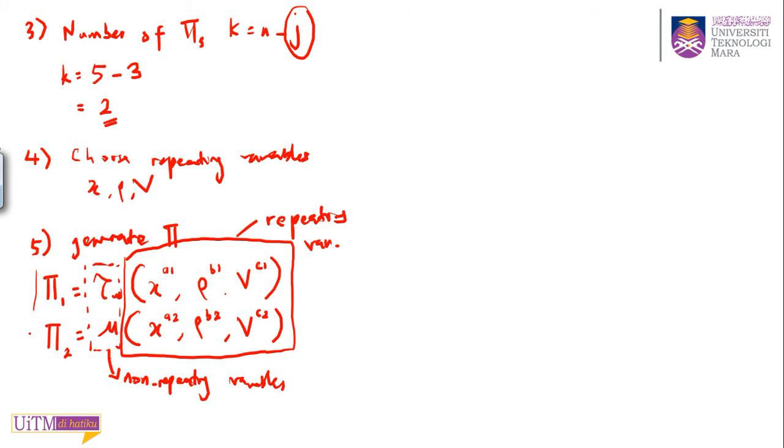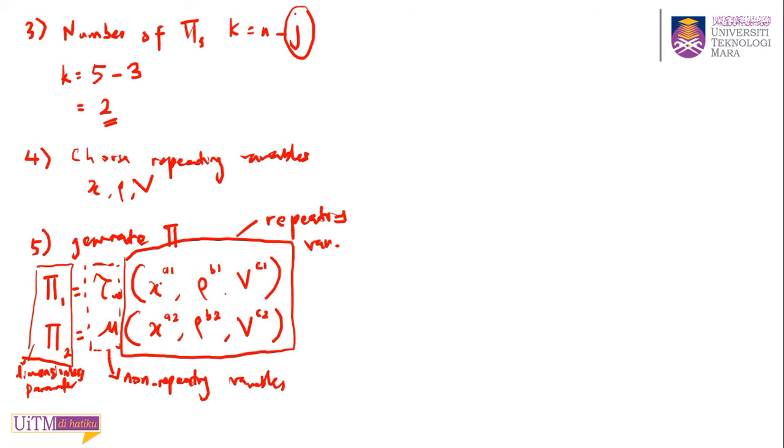And this pi that you want to generate, the dimensionless parameters. Okay, so this is the non-dimensional parameter or dimensionless parameter that you want to find. Dimensionless, it has no dimension. That's why we call it dimensionless parameter. Okay.